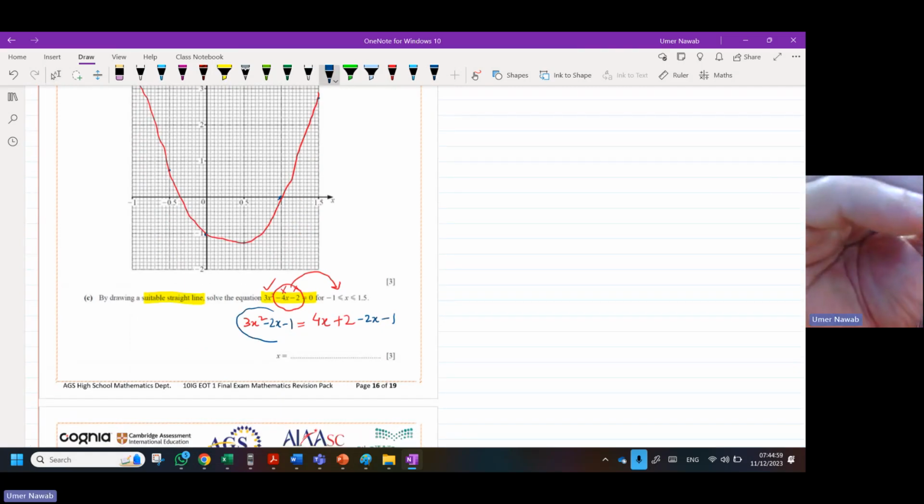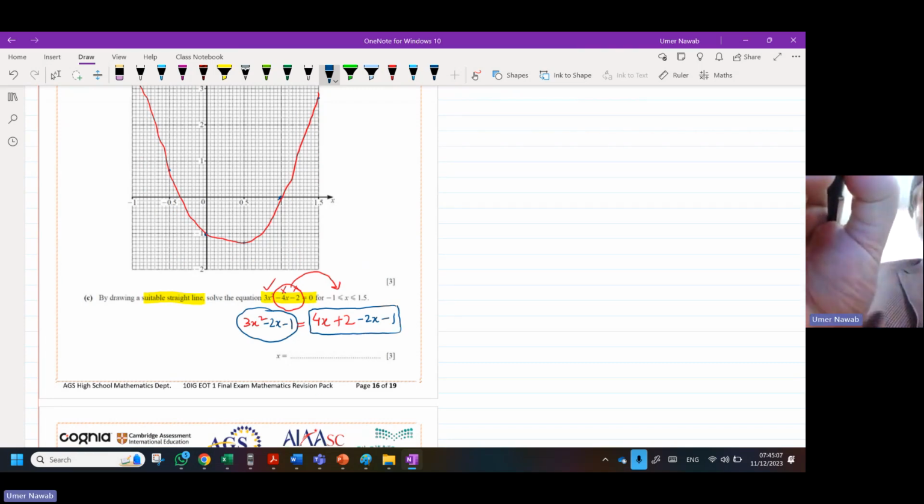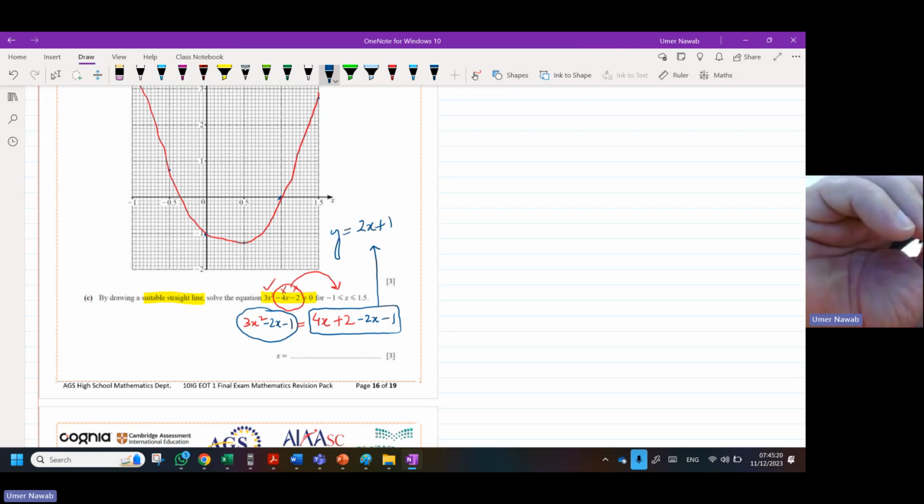Now, this is the same equation for which the graph has already been drawn. Now, this is your right-hand side. Can you simplify it? So 4x minus 2x is 2x, and 2 minus 1 is 1. Wow. So I have to draw a new line. y is equal to 2x plus 1.